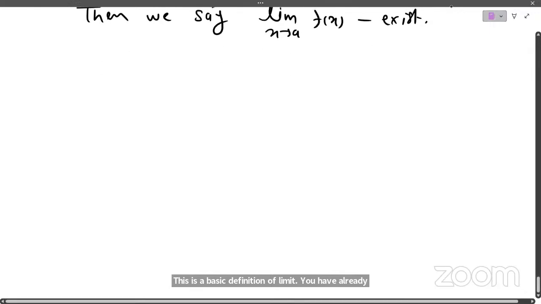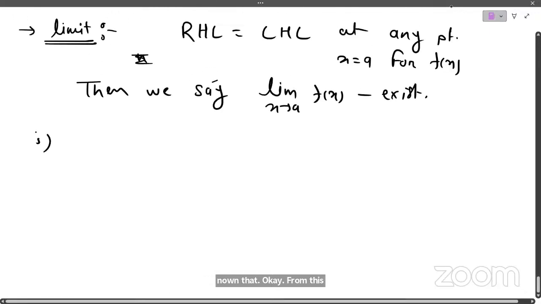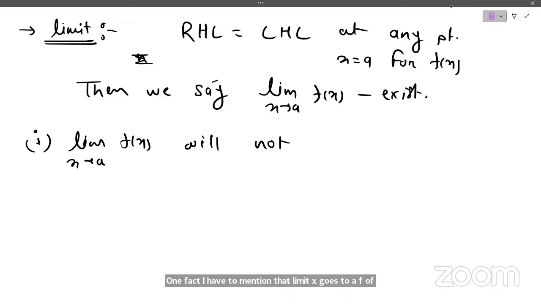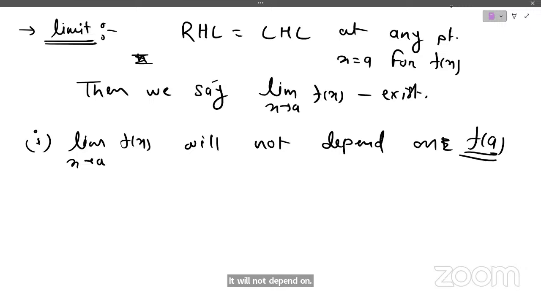Okay. From this, one fact I have to mention, that limit x goes to a of f of x will not depend on the value of the function at that point.